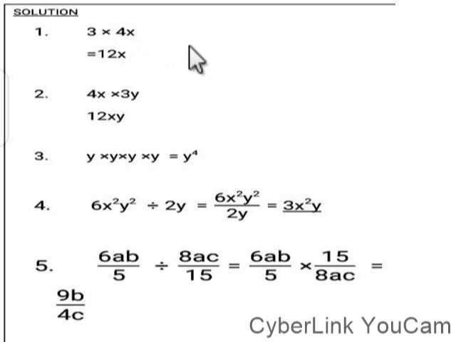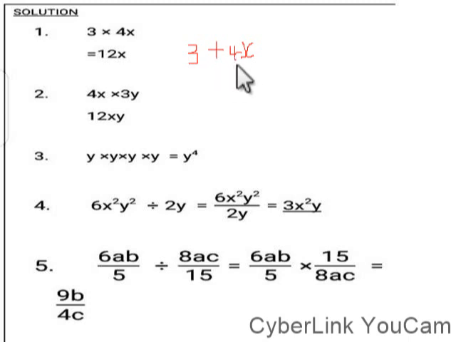Remember, if we have the question as 3 plus 4x, the question will be, can we evaluate them together? Can we bring them together? The answer is no. The reason being that both of them are not like terms.